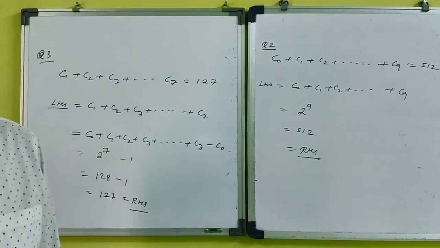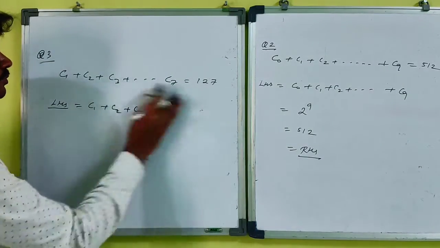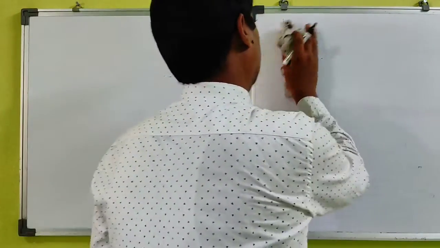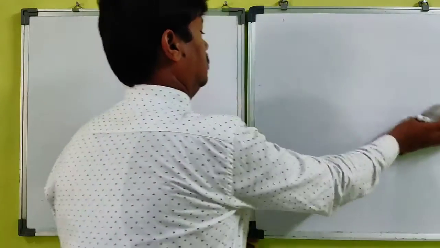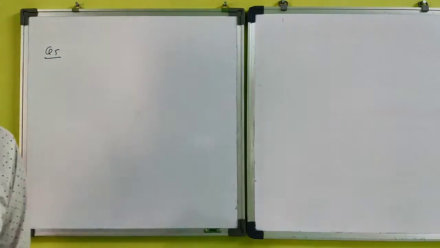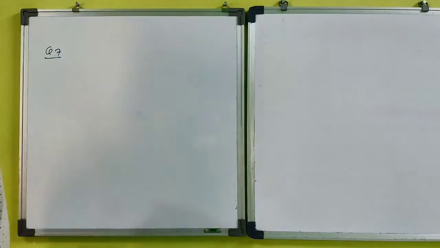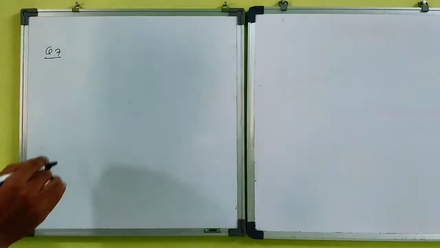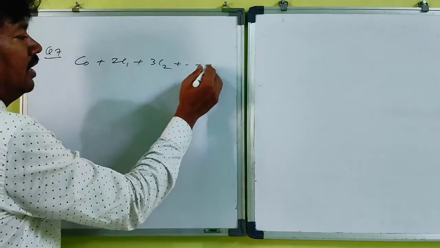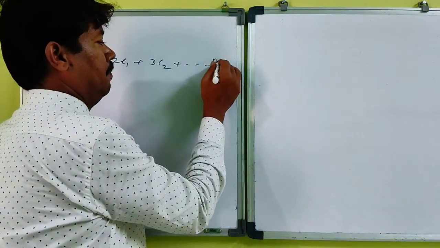So the last one, that is question number 7 in exercise 4.5. So we will solve that question. This is question number 7: C0 plus 2C1 plus 3C2 like this, up to (n plus 1)Cn.